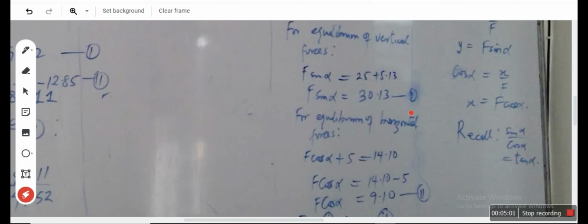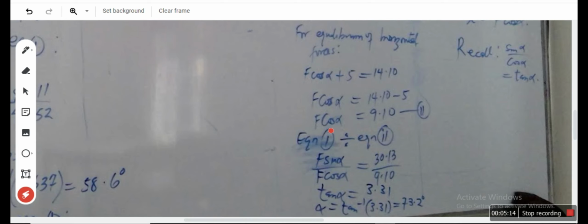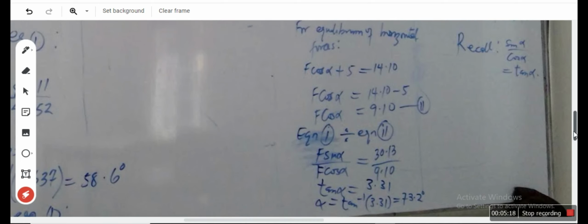So that's what we did here. Equation 1 is F sine alpha equal to 30.13. Equation 2 is F cos alpha equal to 9.10. So we divided equation 1 by equation 2.